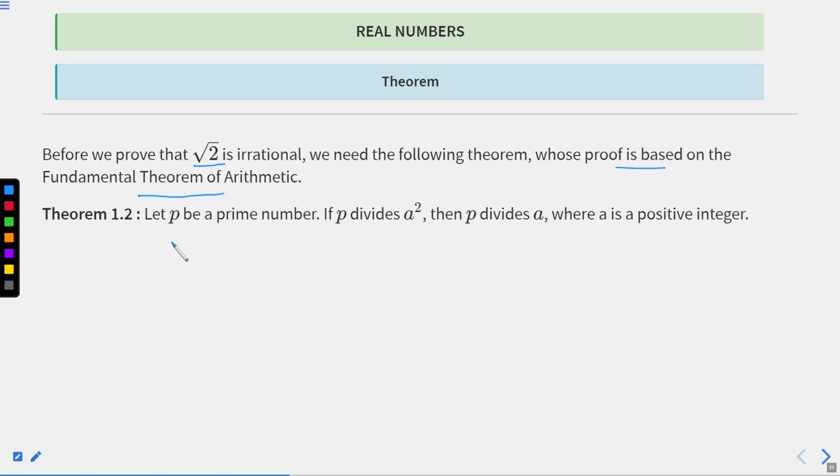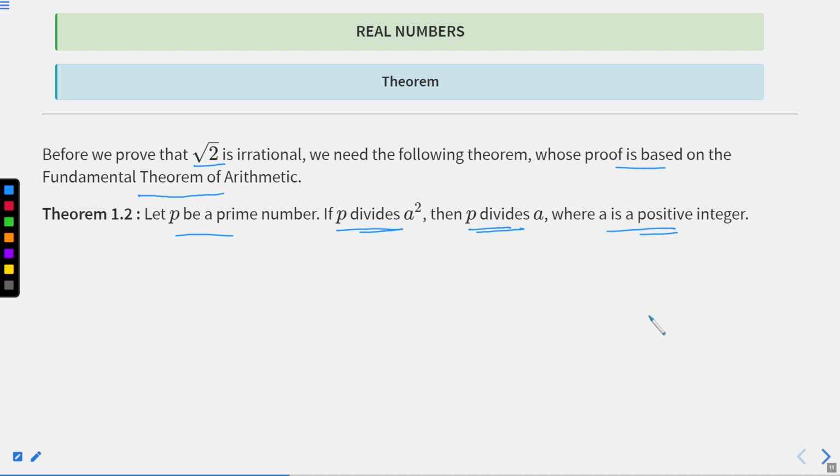In this theorem, we first let p be a prime number. If p divides a square, then p divides a, where a is a positive integer.